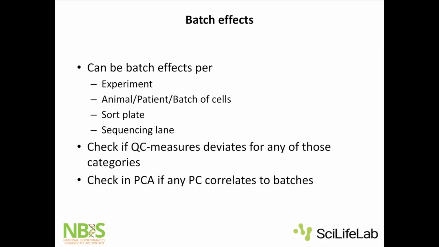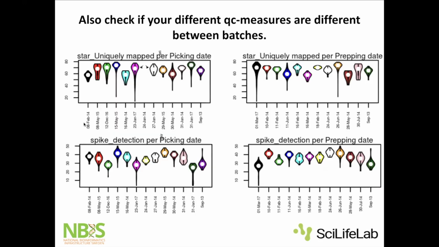But for now, I think it's important to think about that when you visualize your QC measures, look at them per batch. So for instance, if I have different dates that I picked my cells, or different dates that I did the library prep on for different samples, I should look at all these different QC stats with all kinds of batches I can think of to see if there is something technical that I might need to deal with.